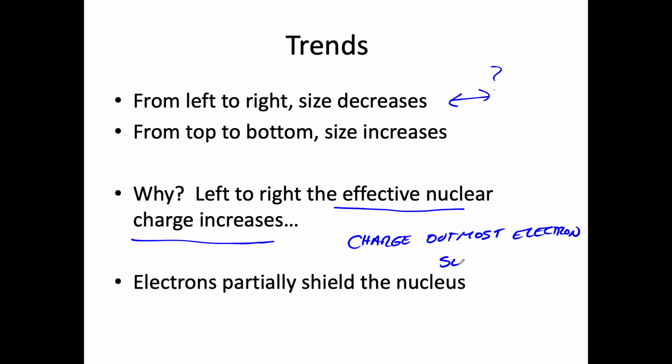I say sees, I'll put that in quotation marks, feels. There's another way to say it: the attraction force changes as you go left to right. And in fact, the force increases as you go left to right. And the reason why is the electrons partially shield the nucleus.